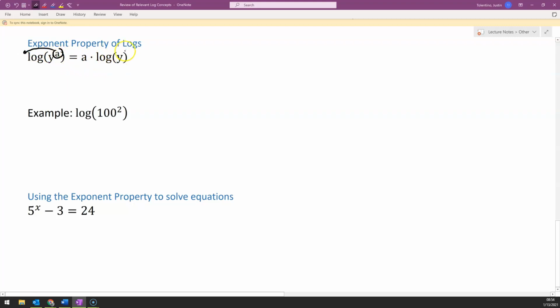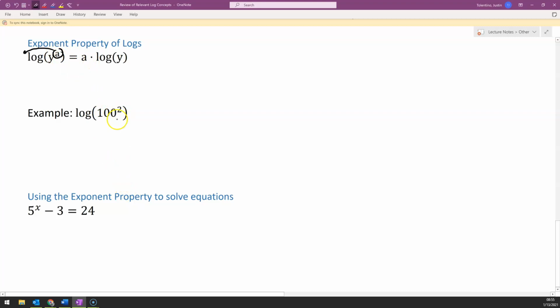So raising it to the a power here would mean the same thing as just multiplying it by that number in front. Because if you think about what a logarithm is, it's just asking what's the exponent. So if there's an exponent on another exponent, well, one of the properties we saw is you can just multiply. So this allows us to just multiply by anything that's already in the exponent.